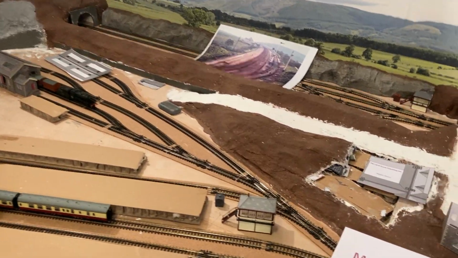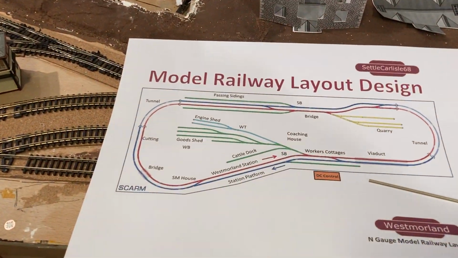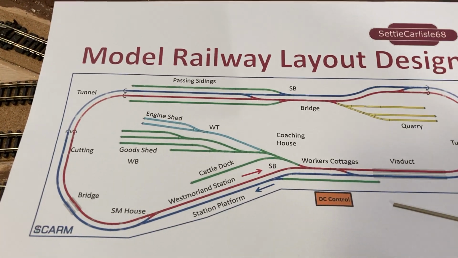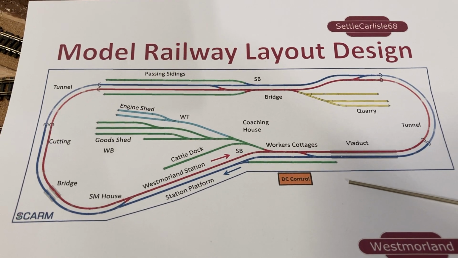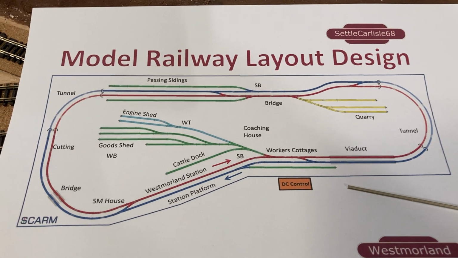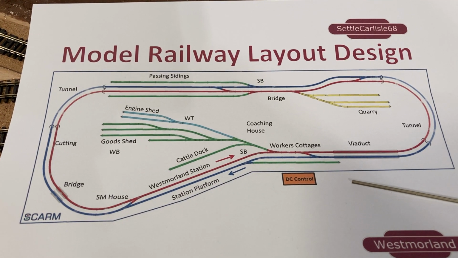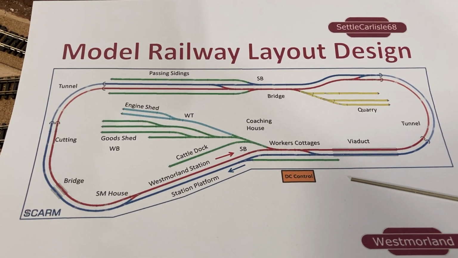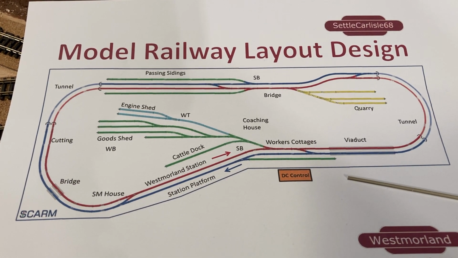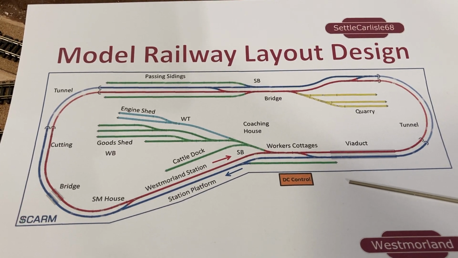So going back to the design, this is the design that I came up with on SCARM, the computer software. I just use the free trial version, and I took the sizes that are available in the room and tried to incorporate all of the things on my wish list.